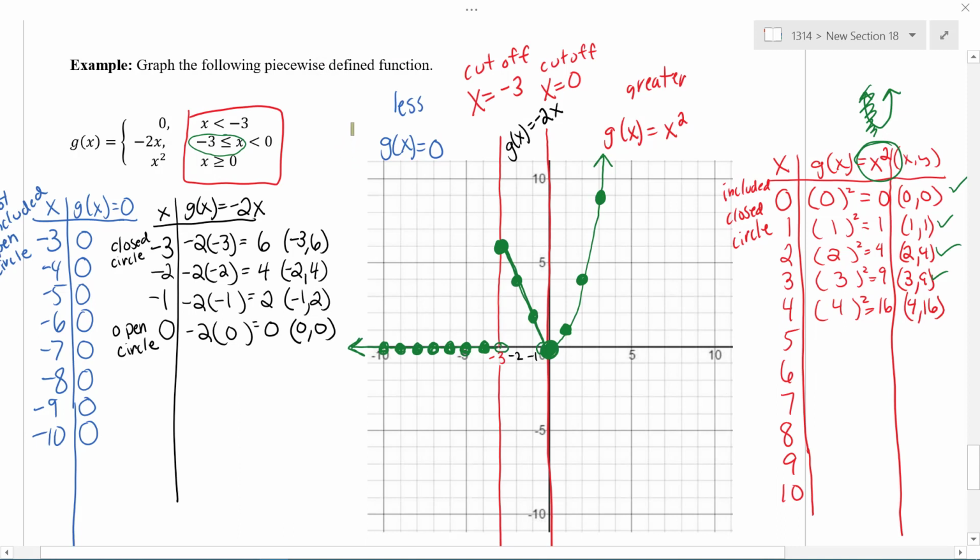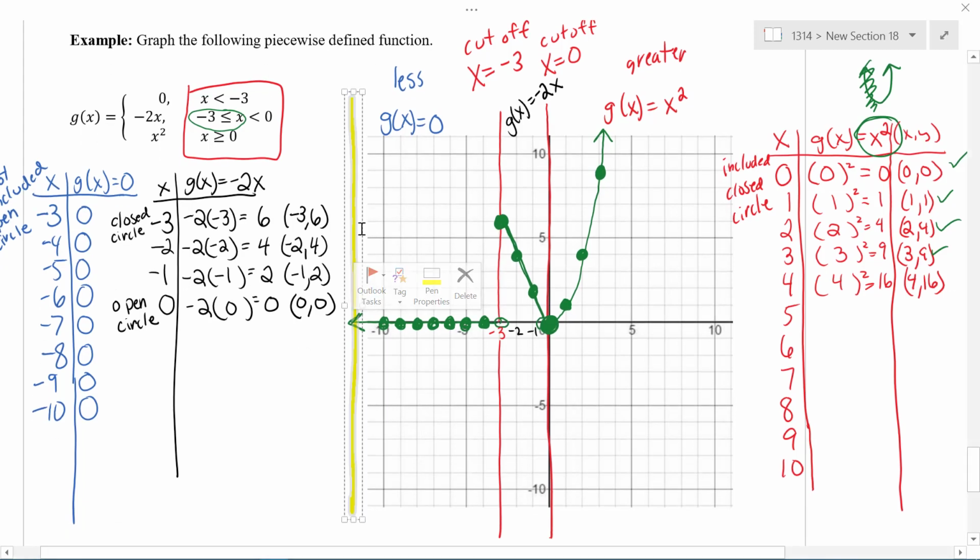Okay, does this represent a function? Okay, let's take our vertical line test and let's use it. So make sure that every vertical line that you could possibly imagine drawing only crosses through the graph one time. So when we get to here, we have a closed filled-in circle. Here we have an open circle.